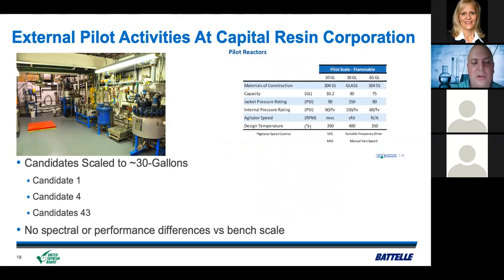Most importantly, there were no spectral or performance differences versus the bench to bench scale in other people's hands, and then the bench to the 30-gallon scale. And these are very basic pots and pans, so you don't need any specialized equipment. So many who have capacity now would have no trouble as far as capital equipment.